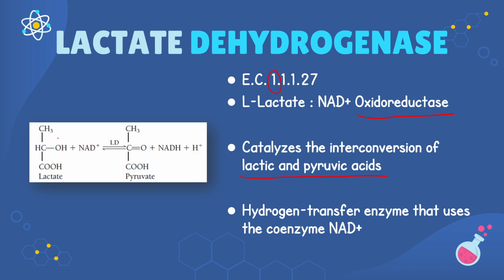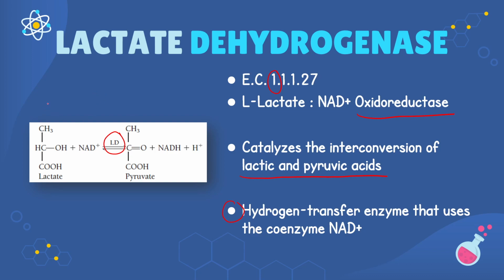So to continue providing energy to our body when there is not enough oxygen, our body would carry out this process, the interconversion of lactic and pyruvic acid. The role of LDH here is to transfer hydrogen. That is why the coenzyme NAD is needed, because that is where the oxidation reduction takes place.